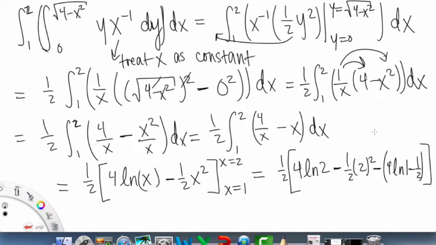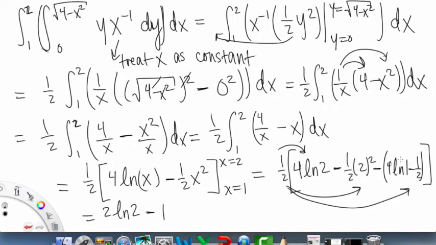All right, so then what we're going to get is our final answer here. I'm going to distribute the 1/2 into each of the terms. So this is a 2 ln 2, and then for the second term we have negative 4 over 4, so that's a minus 1, all right?